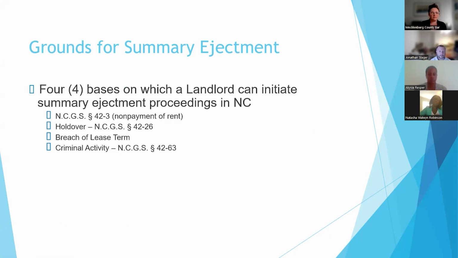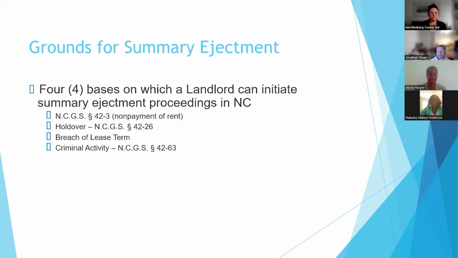Another ground for a landlord to bring an action for eviction is if the tenant has breached the lease agreement under some provision of that agreement. And there's been no cure, no changes to the breach, and so the landlord is seeking additional action.